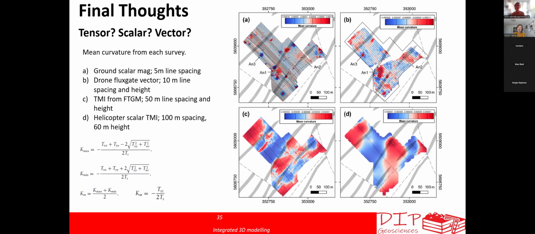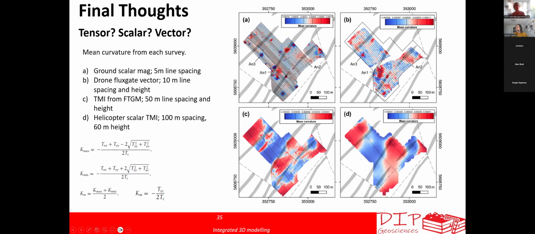Because when we looked before at the total field maps, they look similar, and then you can argue one way or another. But once you go into higher end products like curvature, this is where the tensor shines as well. Of course, I have more data in this tensor data set than on the scalar one, but the curvature derived from the tensor data, so this figure C, is much cleaner, it has way more texture than the scalar airborne.